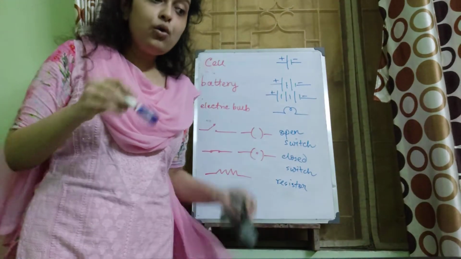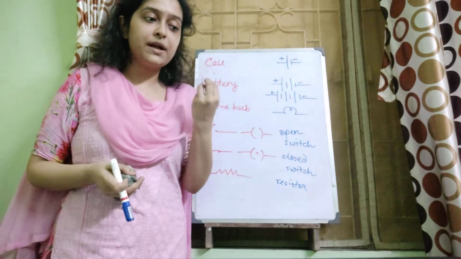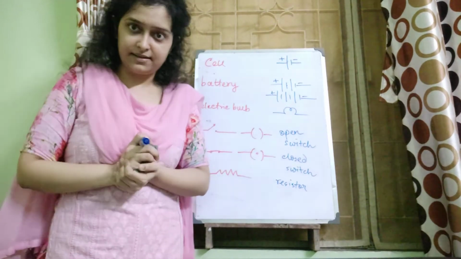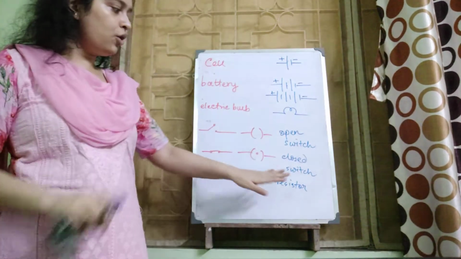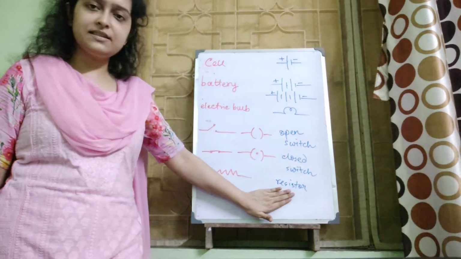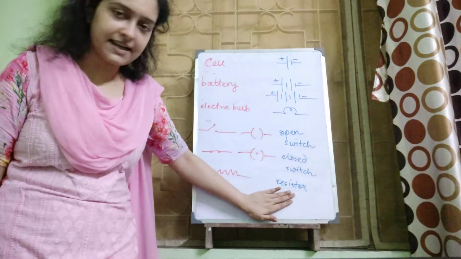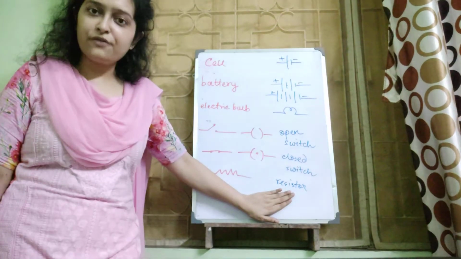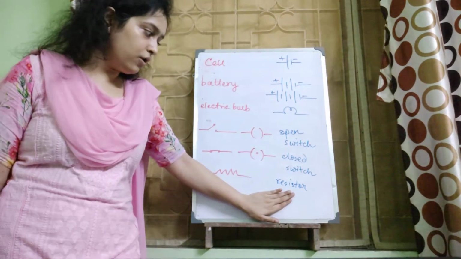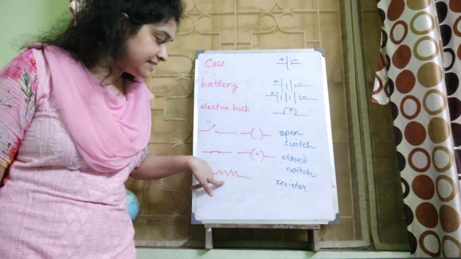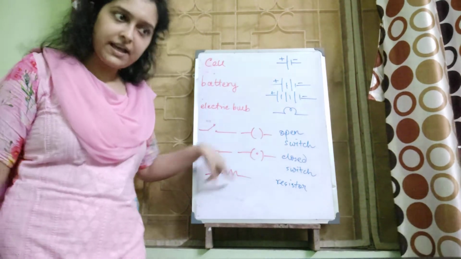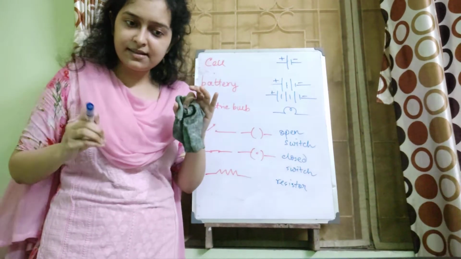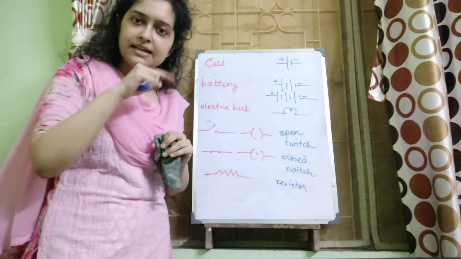How these resistors are producing the heat, we learn in class 10 when we learn the heating effect of current. Not now. For the time being, just know what is a resistor. It's used to regulate the flow of current in an electrical circuit. And where do we use? In the heating elements of geysers, electric ovens, all those. And this is a symbolic representation. Okay, we don't need to draw anything more.